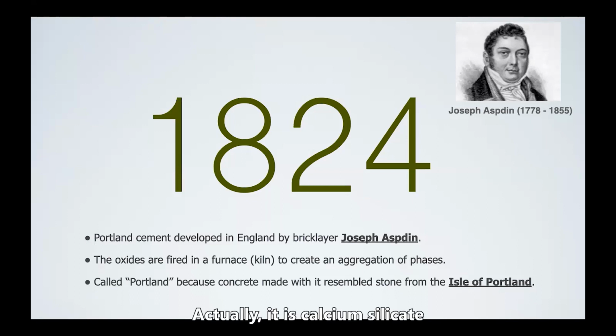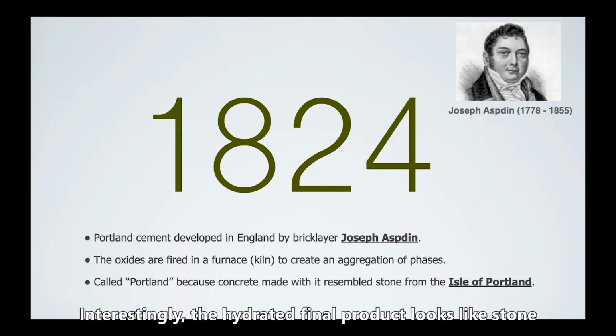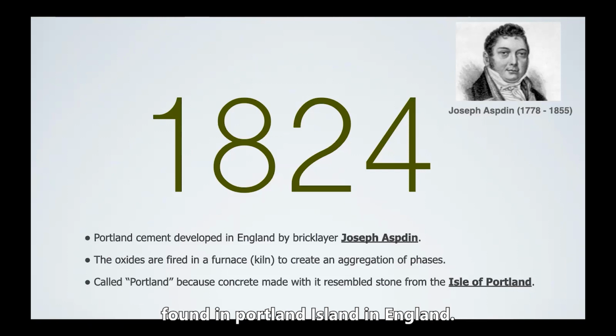Actually, it is calcium silicate, and it can set quickly after mixing with water. Interestingly, the hydrated final product looked like stones found in Portland Island in England. So, people began to call this material Portland cement, and we still use this terminology in concrete science.